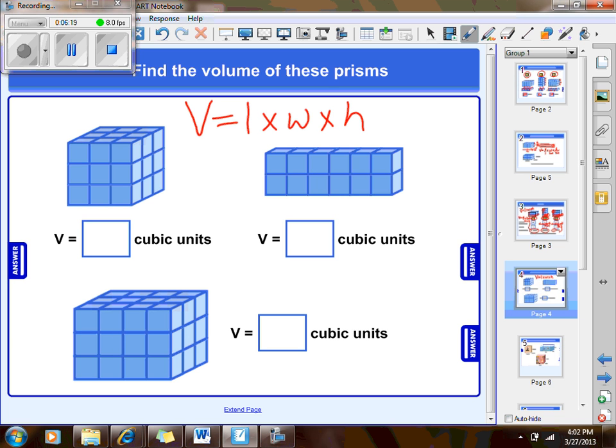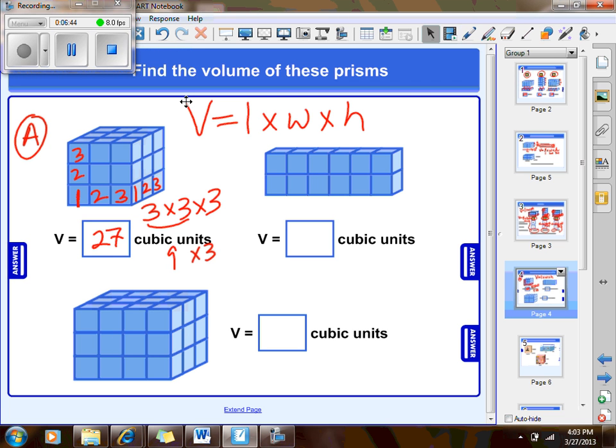So I'll start with prism A. My length is 1, 2, 3. My width is 1, 2, 3. My height is 1, 2, 3. So I'm looking at 3 times 3 times 3. 3 times 3 is 9, times 3 is 27 cubic units.